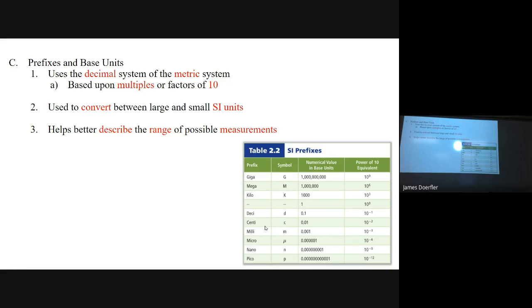Those prefixes have an equivalent value based on factors of 10. A kilo is 1,000 base units. It has a power equivalent of 10 to the third. So on and so forth. Again, for the small numbers, you have negative powers of 10.